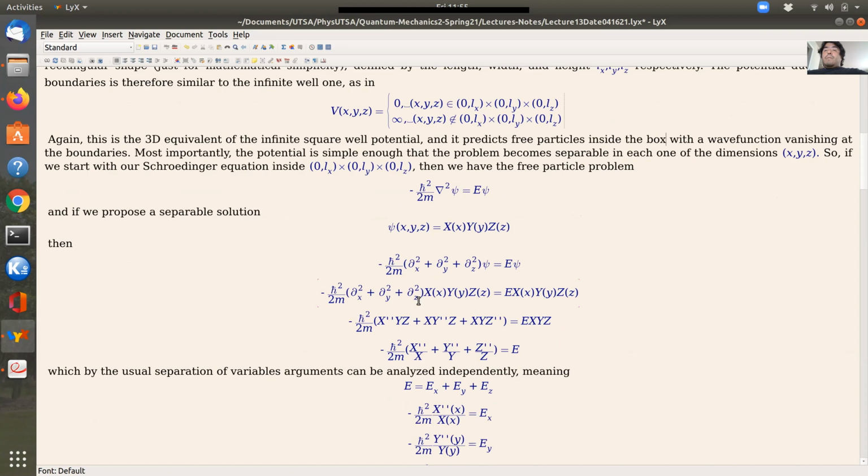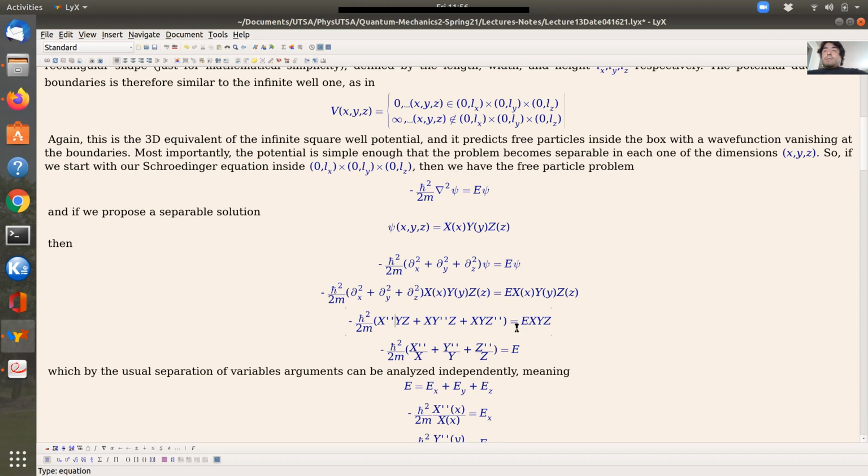And you apply each one of the summands of the Laplacian operator, but this is very easy because the function is separable, right? So when you apply the second derivative with respect to x, the only term that carries derivatives is X, and you have X double prime, and then you have Y and Z multiplying, and likewise for the other terms: X Y double prime Z plus X Y Z double prime.